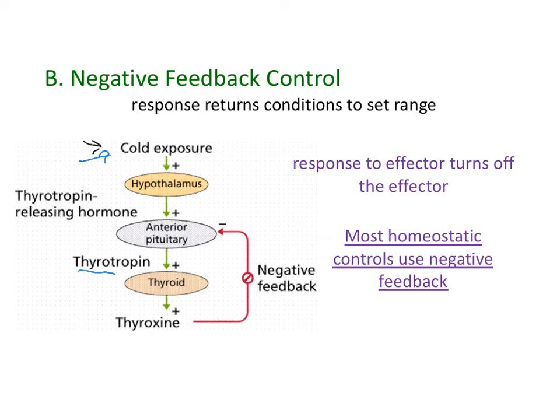Thyrotropin goes to the thyroid gland, releasing thyroxin. Thyroxin then feeds back to the anterior pituitary and also the hypothalamus and inhibits the release, maintaining homeostasis where the response shuts down. The response to the stimulus eliminates the stimulus but shuts down the response at the same time, so it shuts itself down. I'm not sure that was very clear.